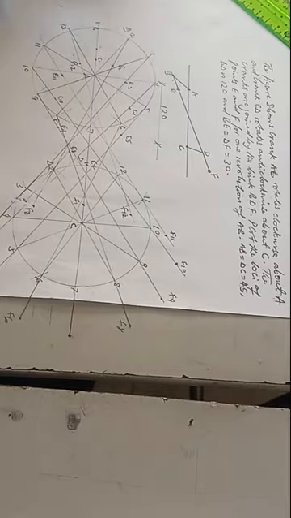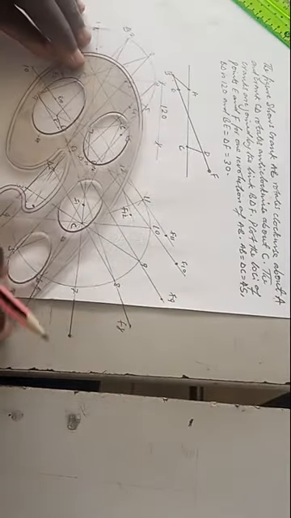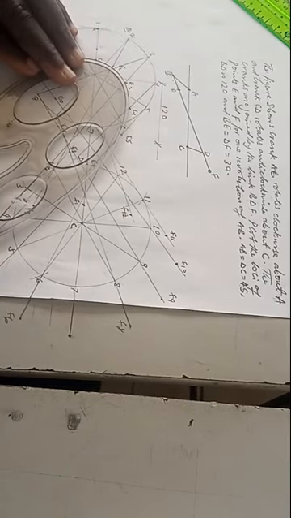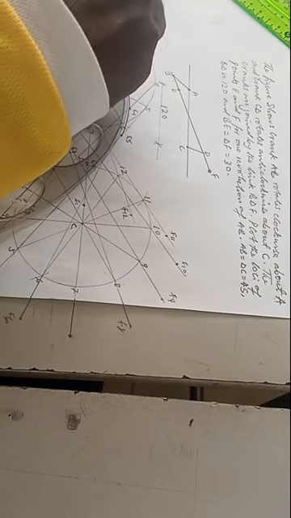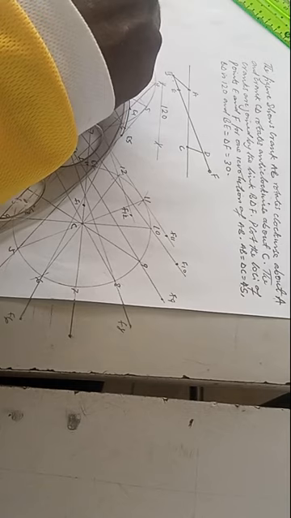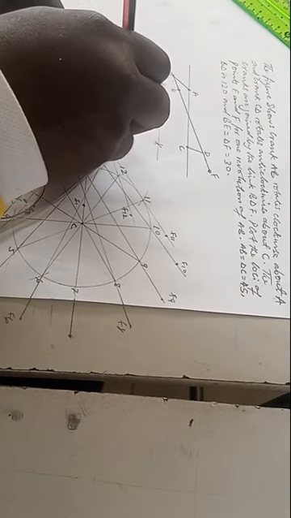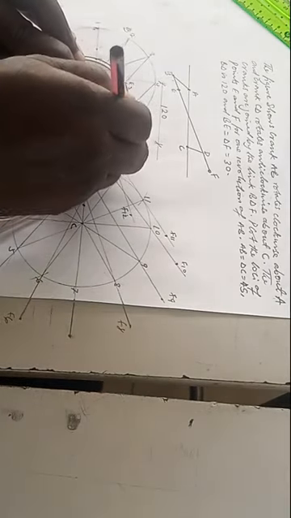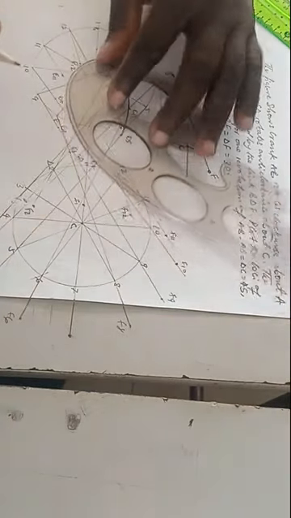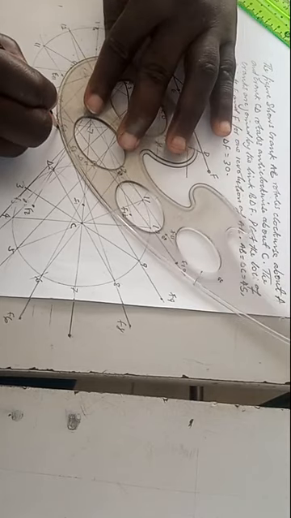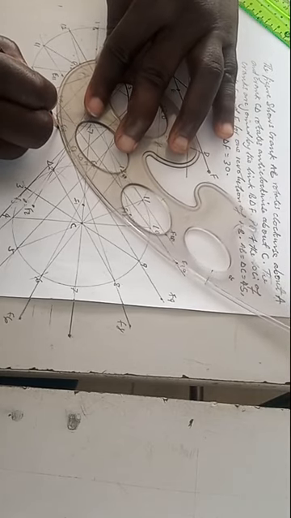So we're going to have 2 loci. Let's join this one. And join this 4 or 5 up to E1. And join this one up to this place. Let's join this one too. And also join this one.